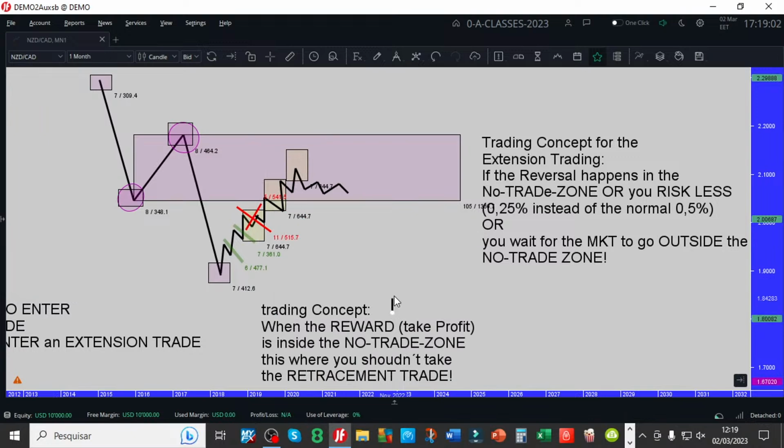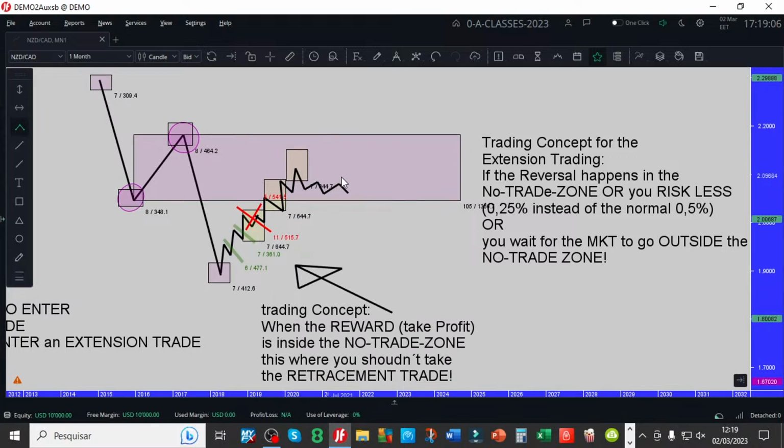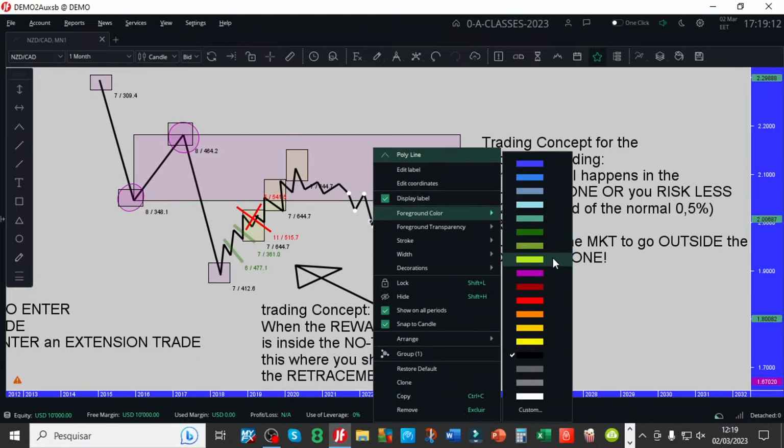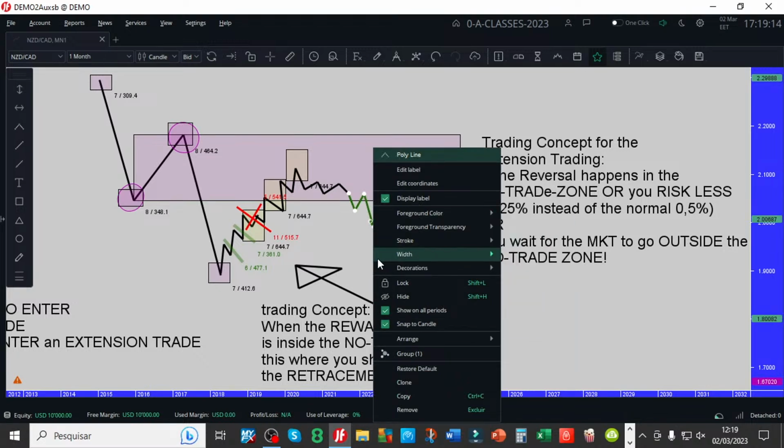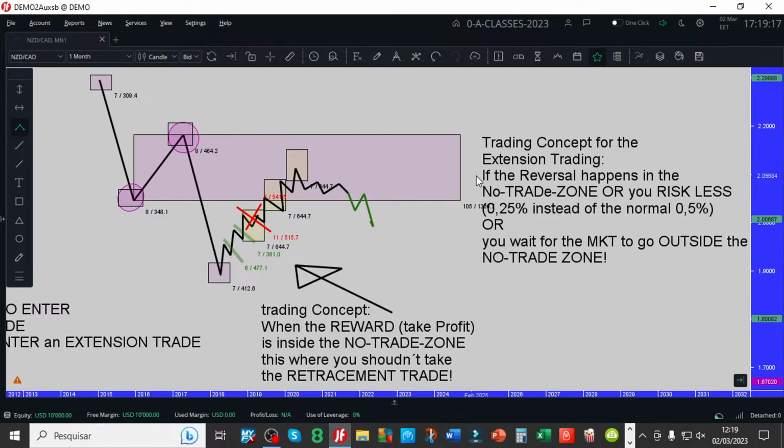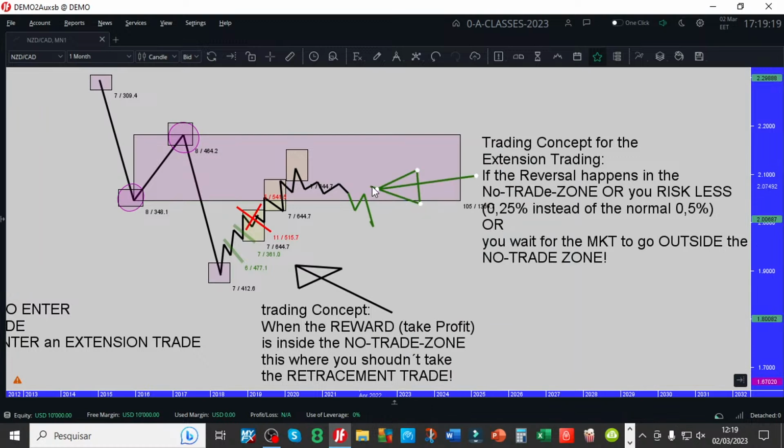So we are talking about this one in here, and we are going to talk about this one in here. So this is going to be green, and here. Take a picture, screenshot, photo, everybody.